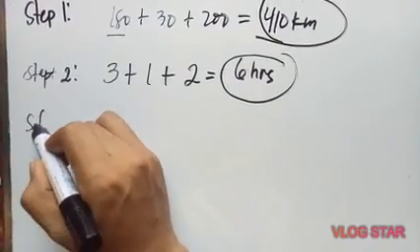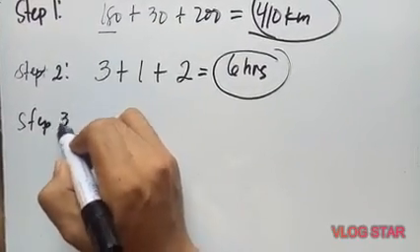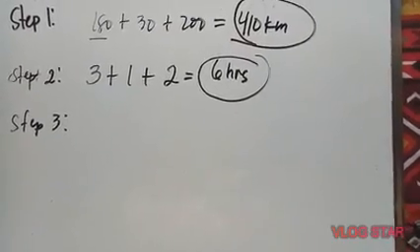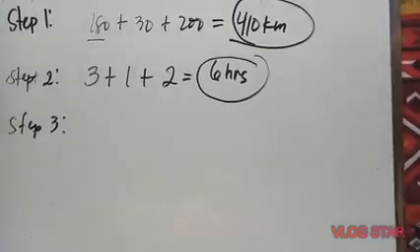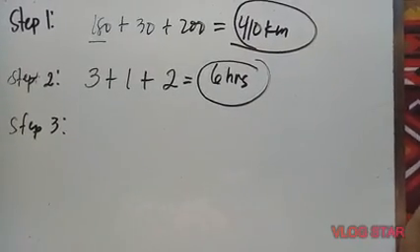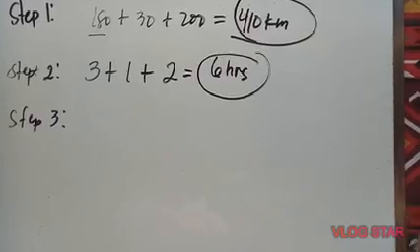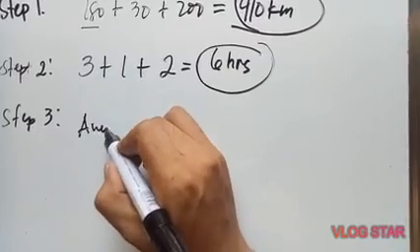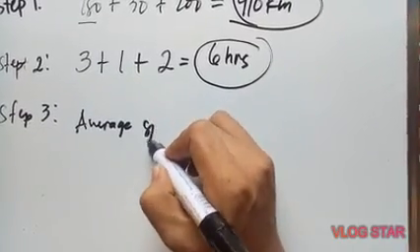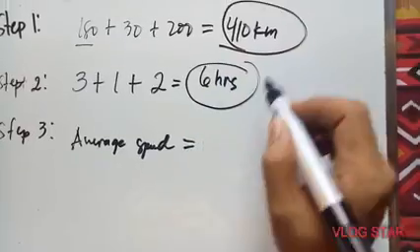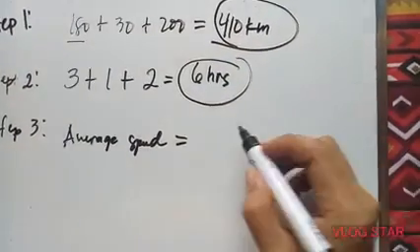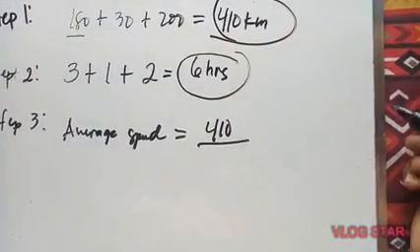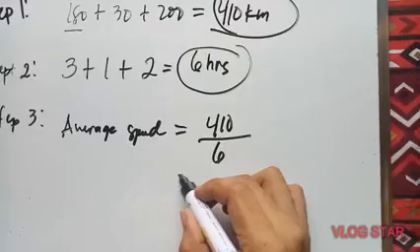And the third step is you will compute now the average speed, which is average speed is equal to total distance traveled divided by travel time. So it is equal to total distance traveled 410, then total travel time, which is 6.